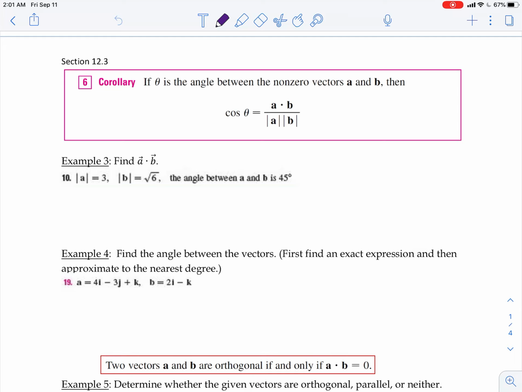All right, so we're going to use this formula, and the first way we're going to use it is to find the dot product without actually knowing the components of vector A and vector B. We know their magnitudes, and we know the angle in between them, so now we're able to find the dot product. I'm going to substitute everything into our formula.